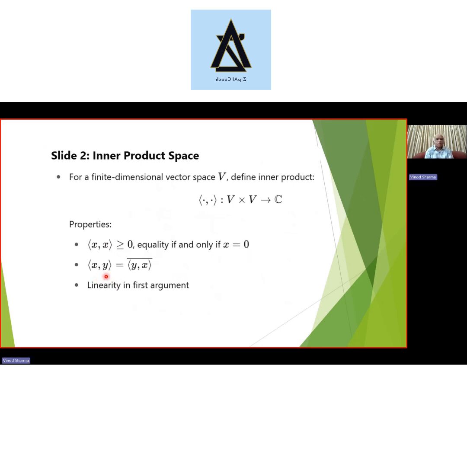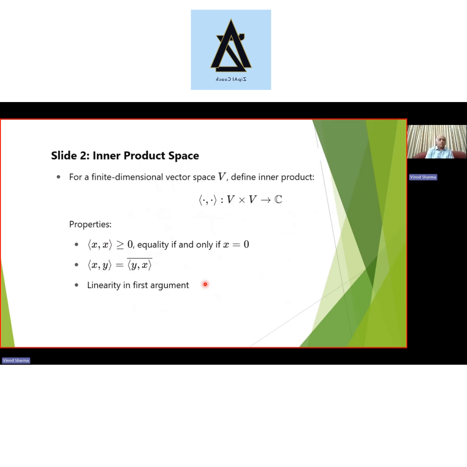The inner product of x and y is the complex conjugate of the inner product of y and x. And this operation is linear in the first argument. So because of this property, it will be antilinear in the second component. This is the standard way in linear algebra that is explained.